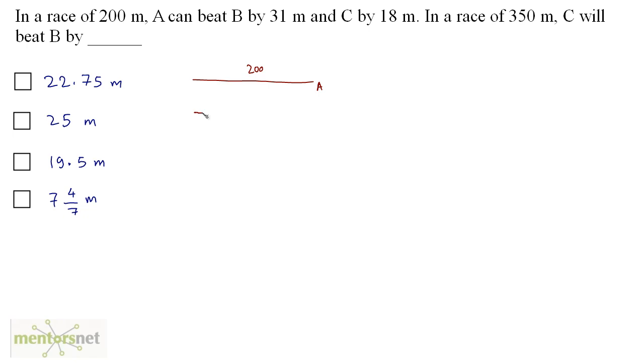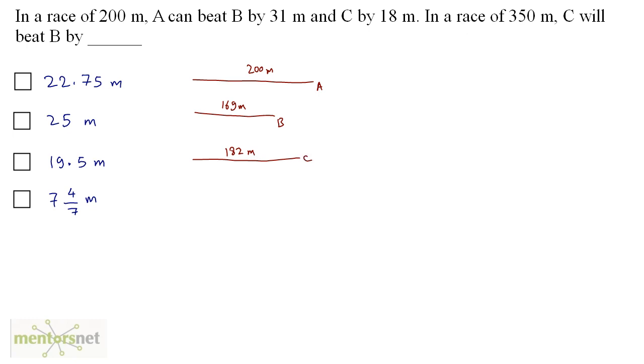So the distance traveled by B will be 200 minus 31, and that will be 169 meters. Now A also beats C by 18 meters. So the distance traveled by C will be 200 minus 18, and that will be 182 meters.